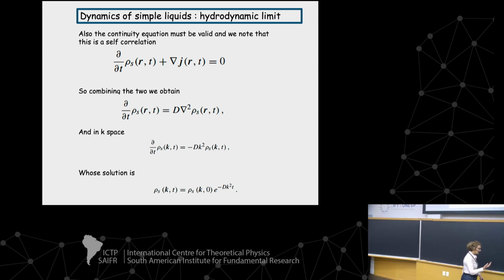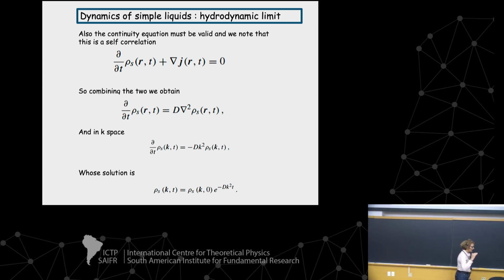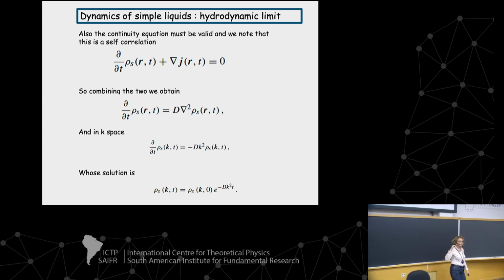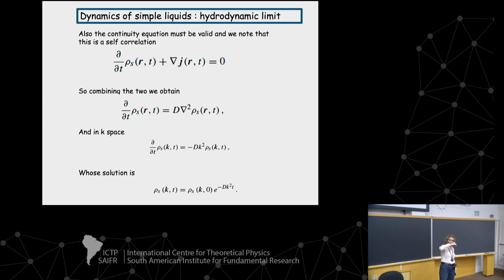So you remember that in the free particle case, we had a Gaussian decay, and now we got an exponential decay. So as the mean square displacement is going from slope 2 to slope 1, correspondingly, the F(q,t) is going from a Gaussian to an exponential decay, okay?